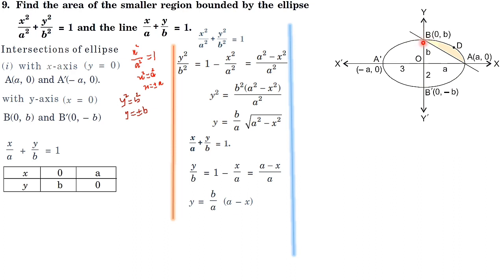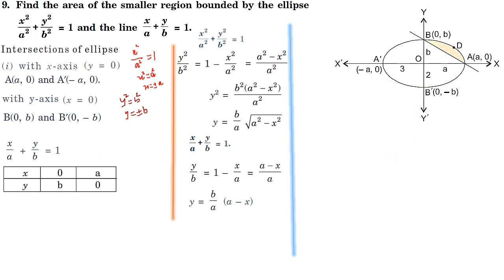And a,0 is also present in the diagram. So the same points are used for the line also. By connecting these two points we will get the line x by a plus y by b is equal to 1. So this is the diagram.